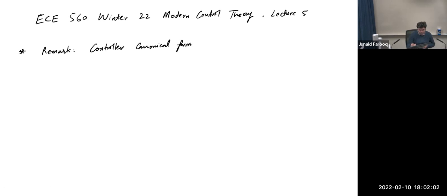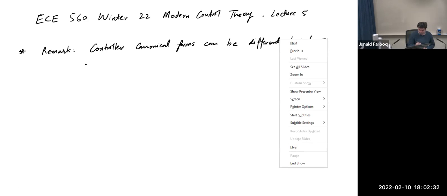Different books use different conventions. The one that I showed you is the one where the last row contains the coefficients of the characteristic polynomial of A, in reverse order and with negative signs. So we'll see how and why these are different, based on the conventions used.